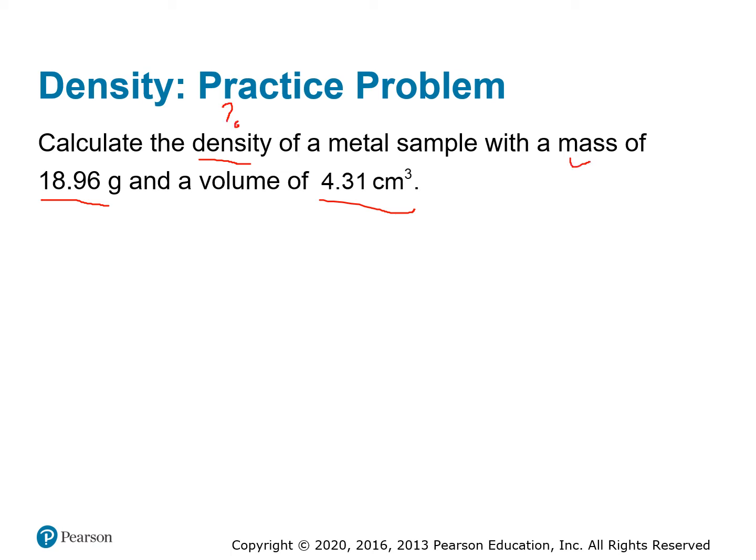So mass is given and volume is given. Then think, do I know any equation, or did I learn something about density where I could use mass and volume to find the density? And yes, you just saw it in the earlier slide. Density is defined as mass over volume.